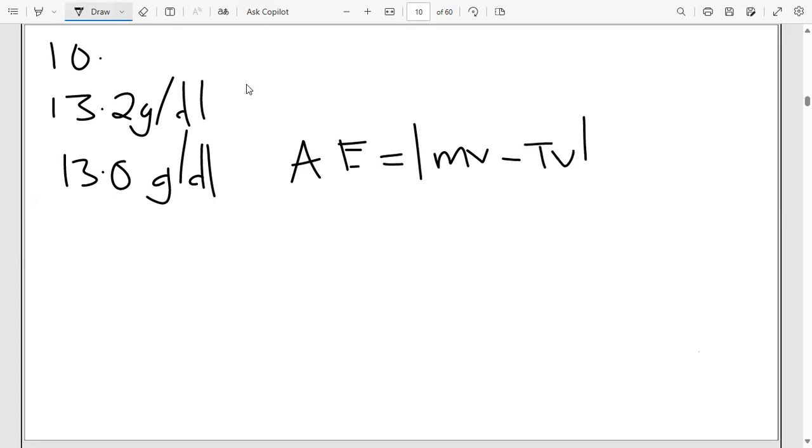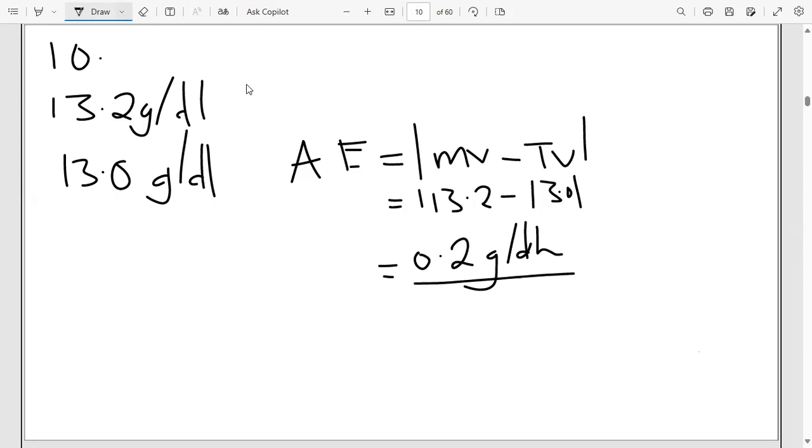This will be equal to 13.2 minus 13.0. So our absolute error will be equal to 0.2 grams per deciliter.